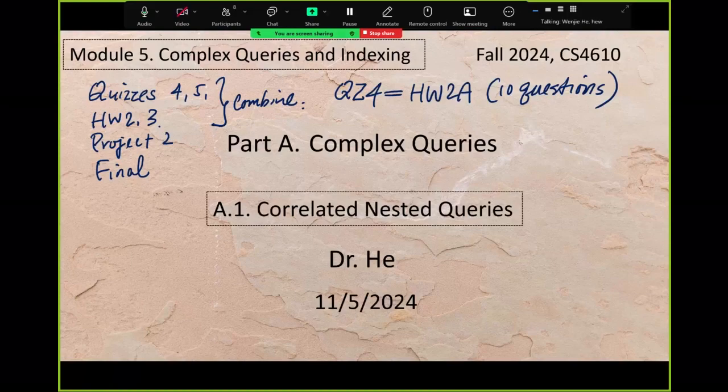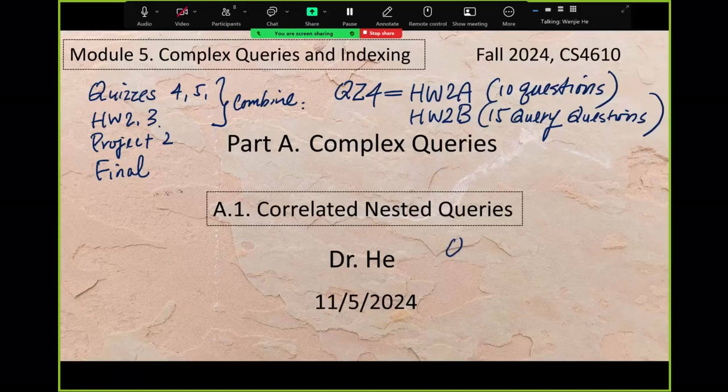Then homework 2, part B, has 15 query questions, because we want to practice SQL query questions. That's homework assignment 2. Then for homework assignment 3, we will do the same.